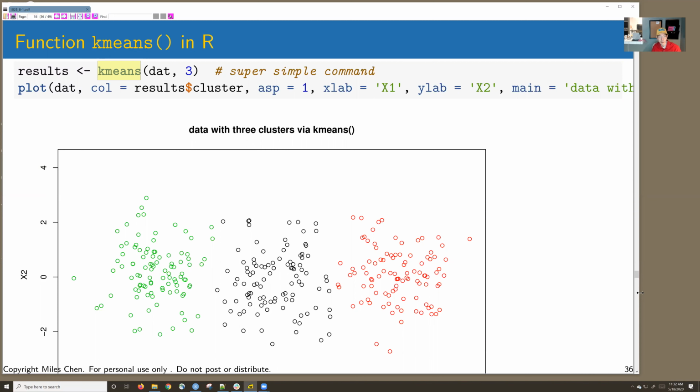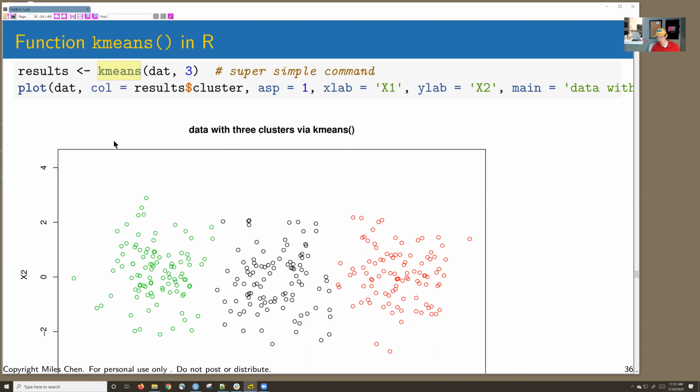In your next homework assignment, I'm going to make you write some code to perform k-means yourself. I think that will really force you to think about how the algorithm works. Obviously, in production settings, you're probably just going to use kmeans.